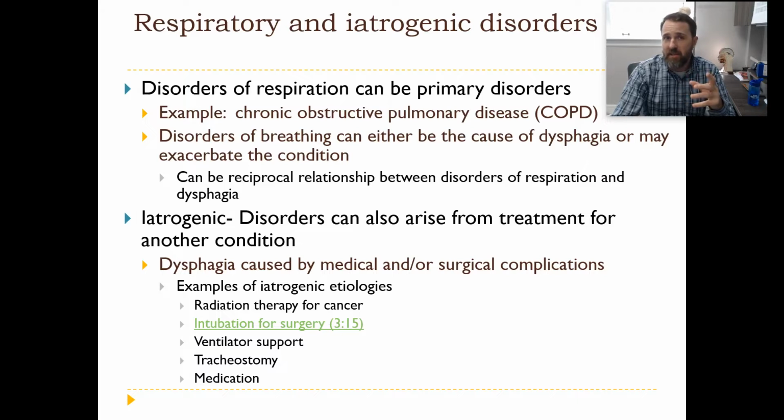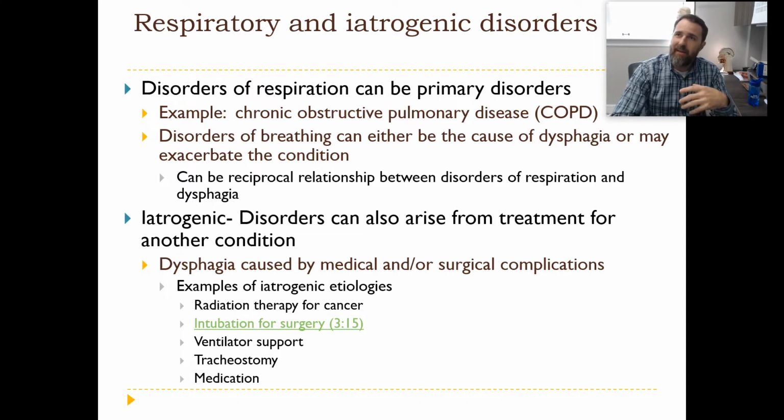So we already mentioned this when we talked about the relationship between pneumonia and dysphagia and how one can cause the other. Dysphagia can create pneumonia, but also how pneumonia can create dysphagia. We use the term iatrogenic disorder to refer to problems that arise from treatment for something else.